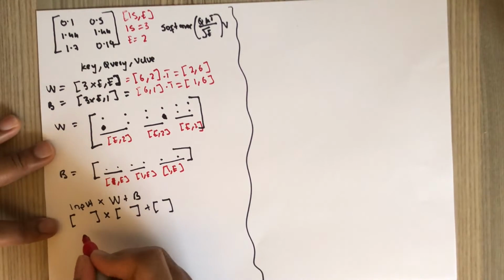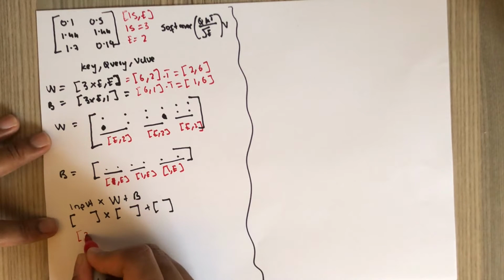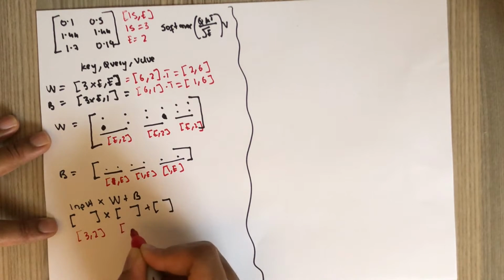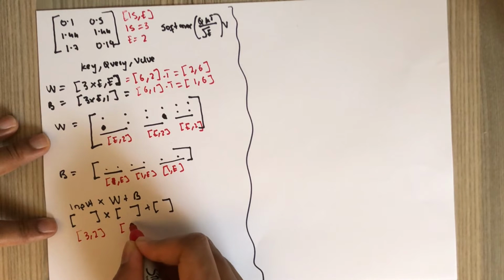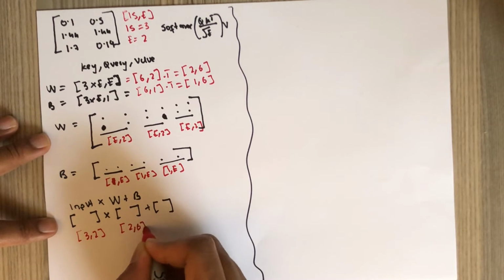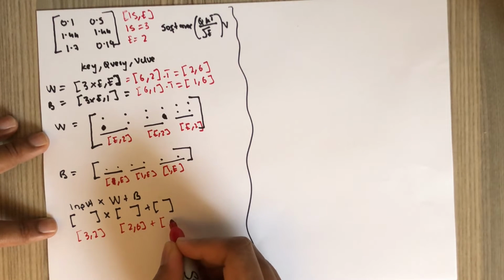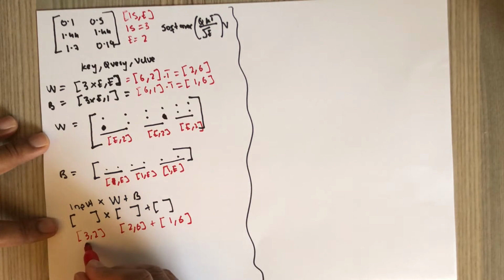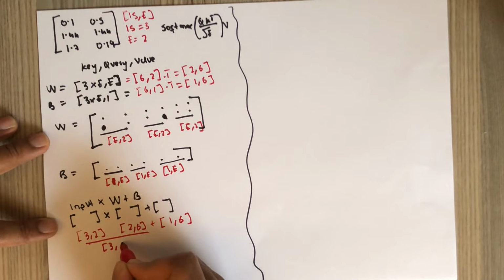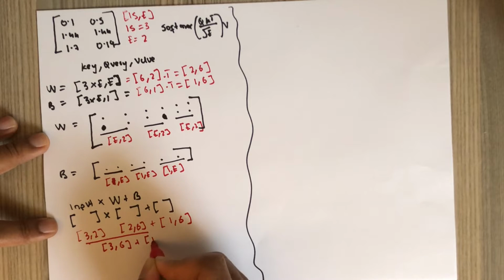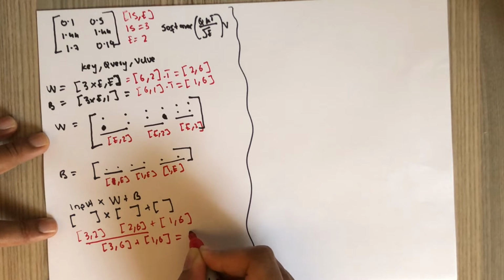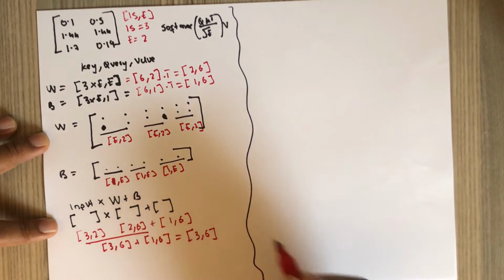And the input has a dimension of 3 by 2. W has a dimension of 2 by 6. So that's why we took the transpose, to make the multiplication possible, and add it with the bias, which is 1 by 6. And the result of this is a dimension of 3 by 6.